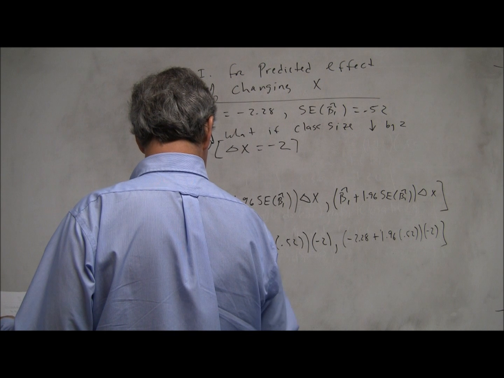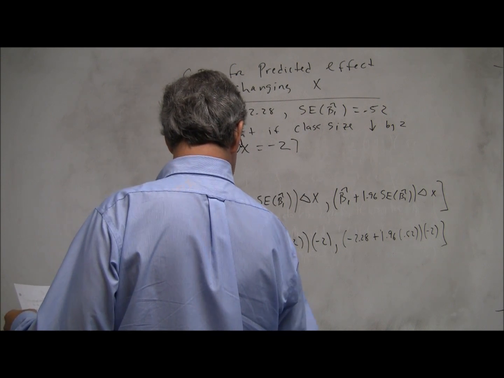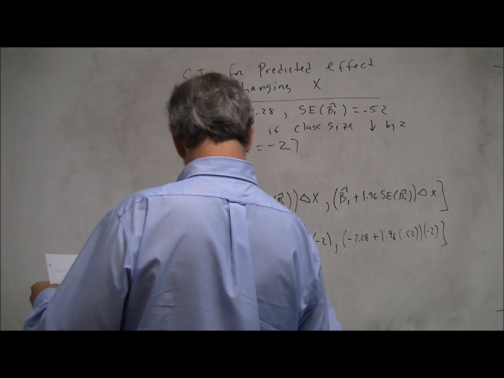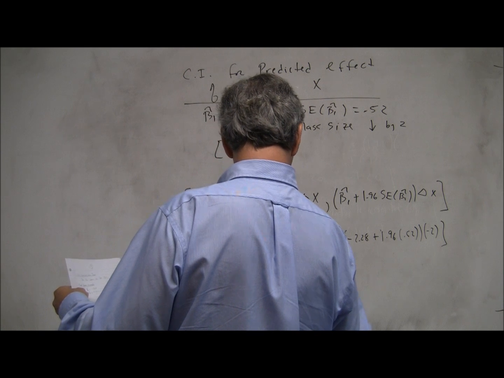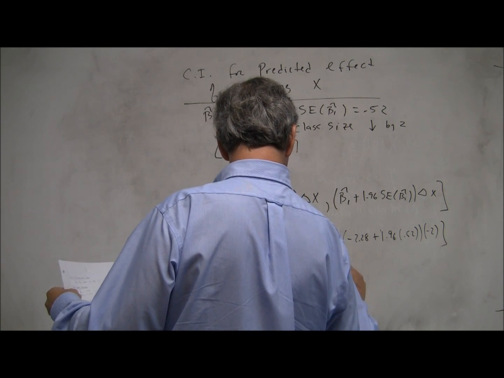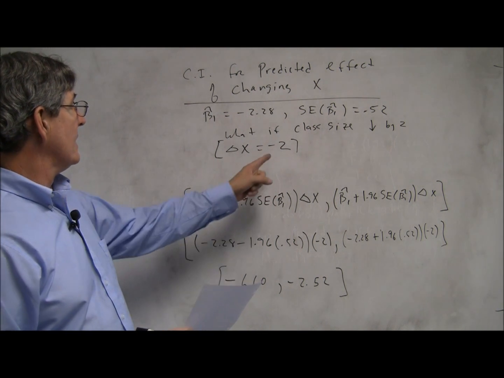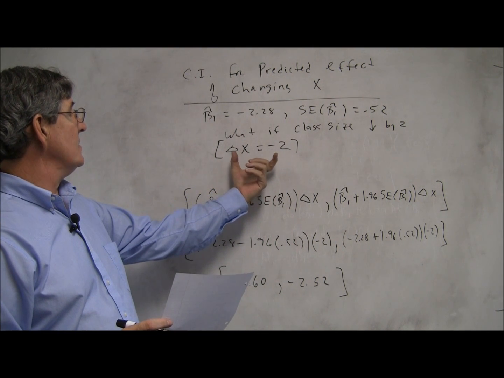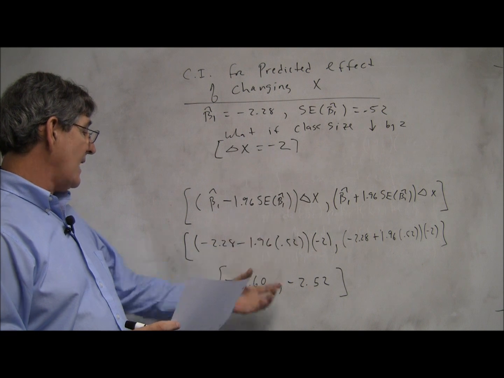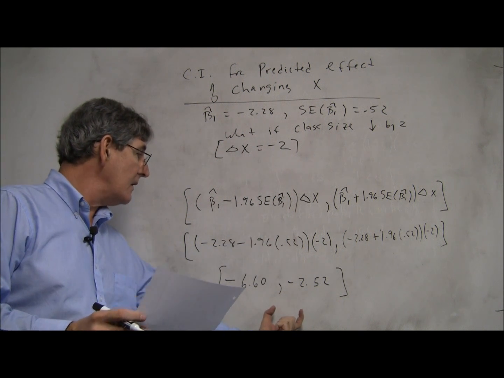That turns out to be minus 6.60 and minus 2.52. So for a change in class size of 2, 95% of the time the true change in y would lie within that range.